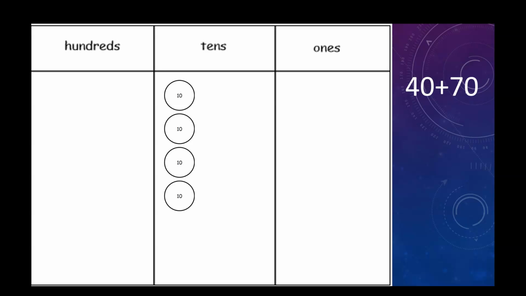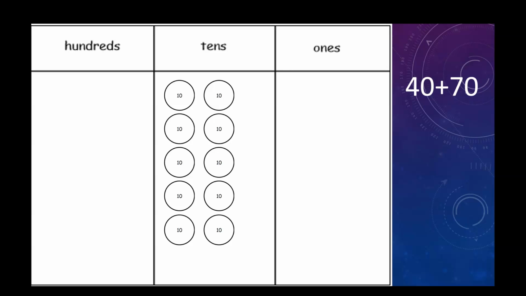And we're going to solve 40 plus 70 using our tens discs here. So I've got 4 10s up in my tens column here to represent 40. Now we need to add 7 more 10s to represent us adding 70 more. So let's add 7 10s. Here we go. 1, 2, 3, 4, 5, 6.